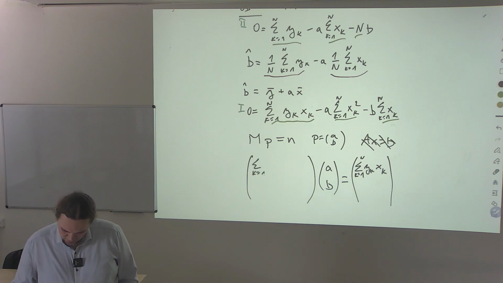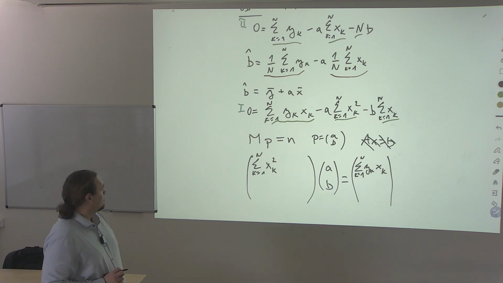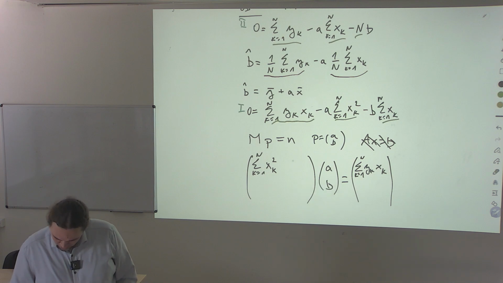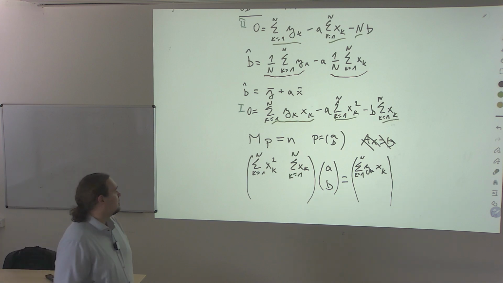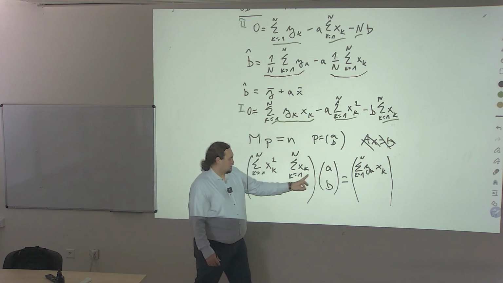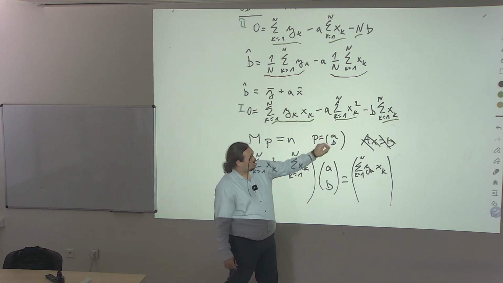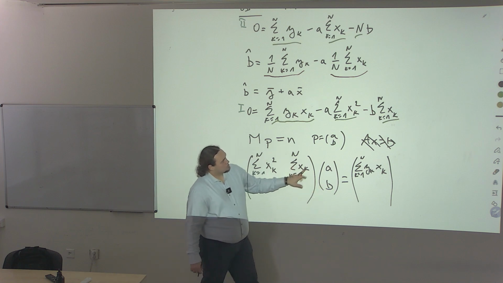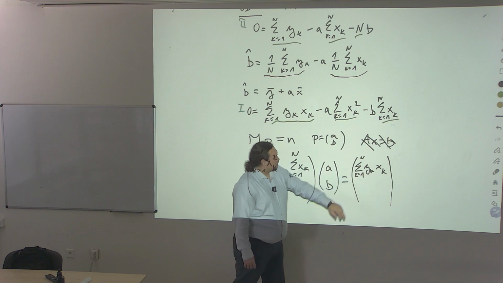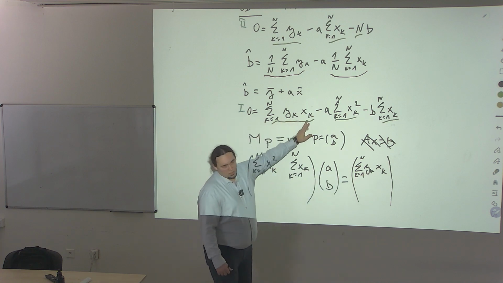So we have sum of x squared. What is left? It's not that hard to find out. Yeah, it's sum of xk's. Right. So we express this first equation: a times sum of x squared, we have it here, plus b times sum of x will be equal to, with a different sign, the sum of yk times xk.